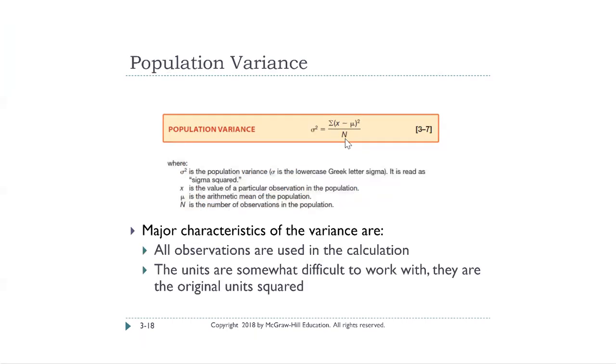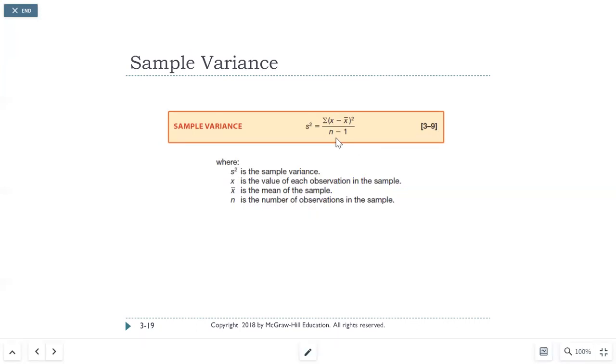So if you remember, this one was just capital N by itself. This one is little n minus 1. The importance of this is we don't have the full population. So if we do n minus 1, this is going to be slightly smaller than our sample size.